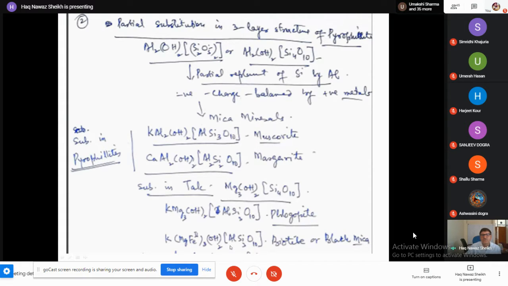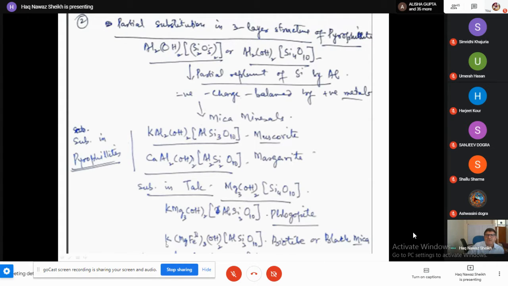And when the magnesium here is replaced by iron, we have biotite or black mica.